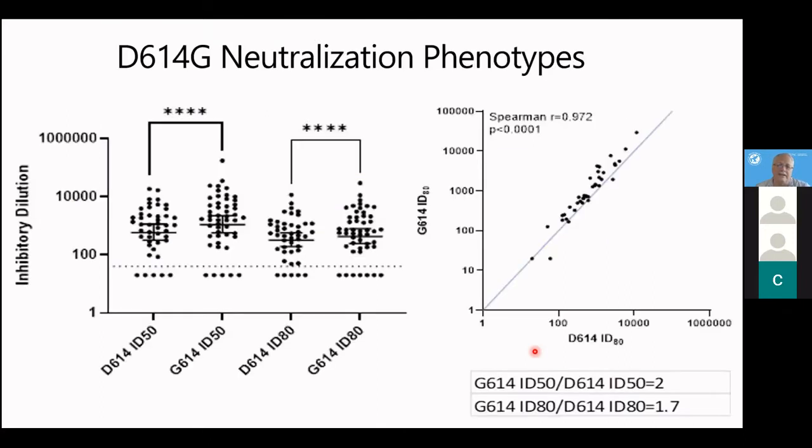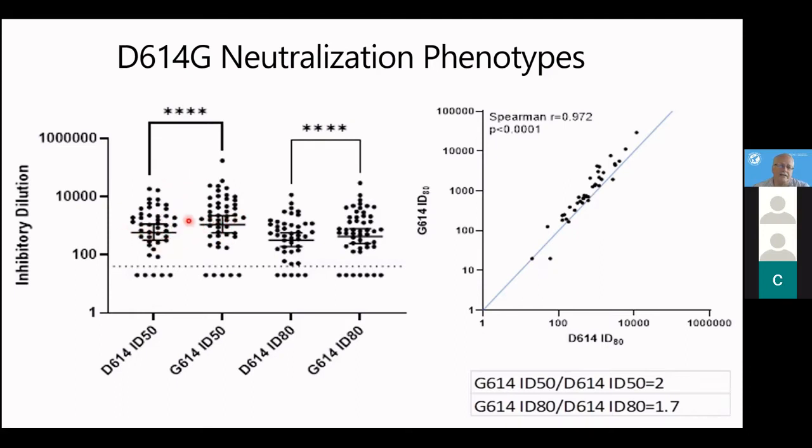But anyway, we use these assays to look at neutralization responses of the D and the G variants using contemporary human sera, mostly from individuals that were infected with the G variant, but some were infected with D. You can see that the D variant is certainly more resistant to neutralization as compared to the G variant. And this is significant.